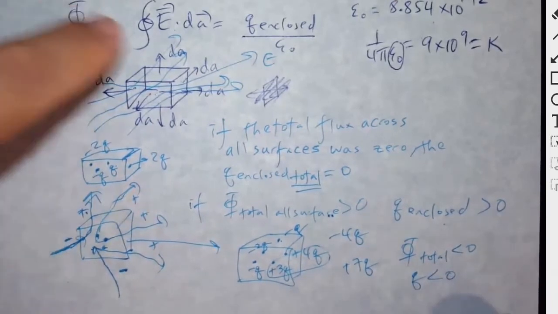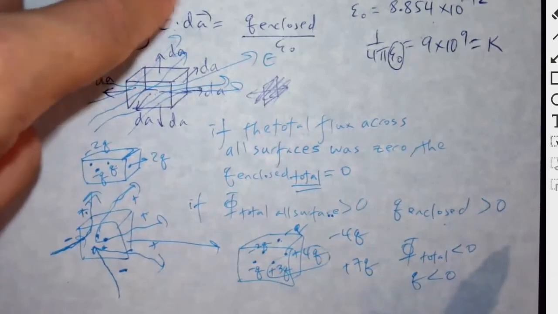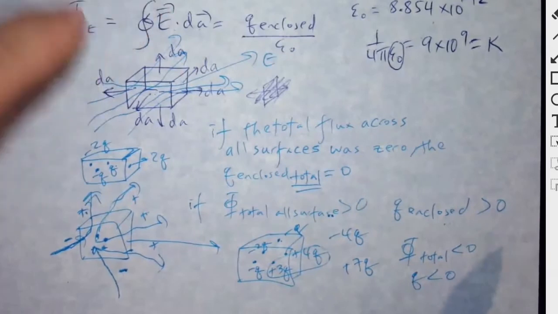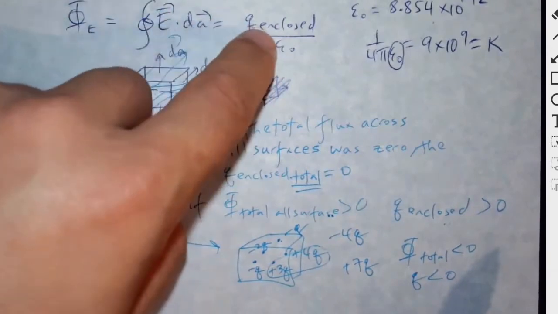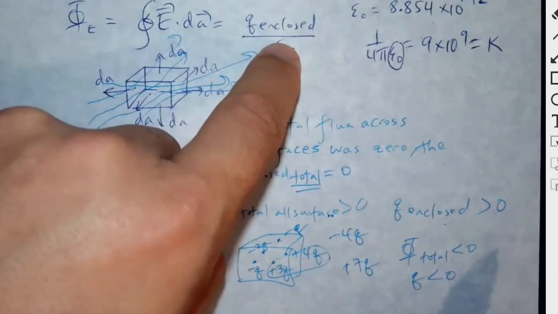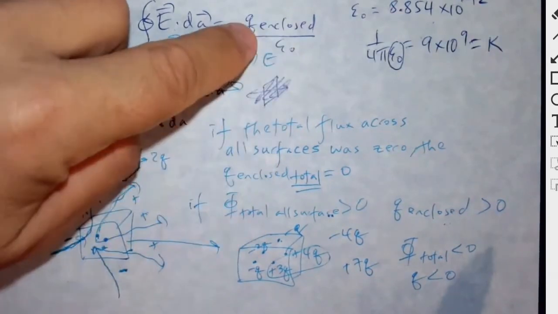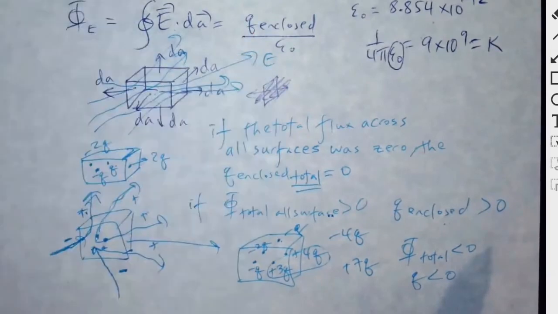So basically Gauss's law is connecting the total flux through a surface, in and out, to the net charge enclosed in the surface, you see. And if you have no net charge enclosed in the surface, then the total flux must be 0.